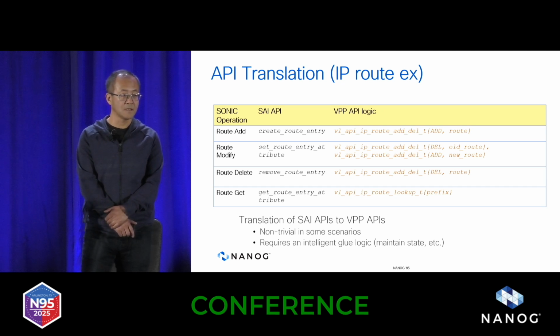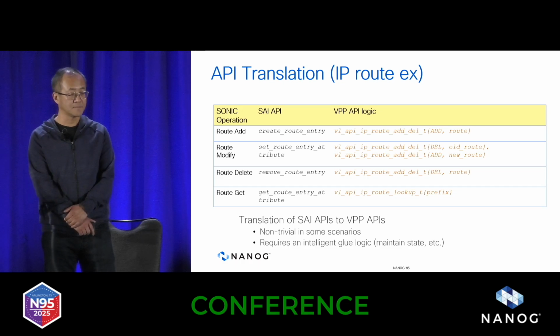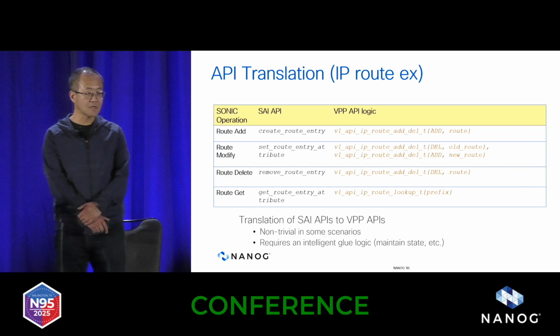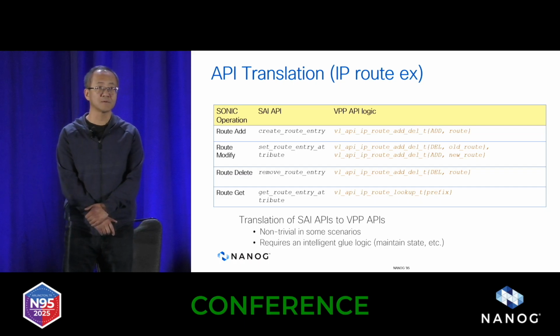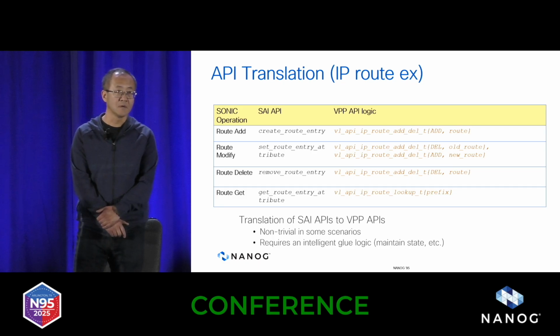For modify, VPP does not support route modify, so we have to use delete and add. The translation from the SAI API to the VPP API is sometimes not trivial. It requires intelligent glue logic. For example, we need to keep state, or sometimes we need to map multiple SAI API calls to one VPP API.